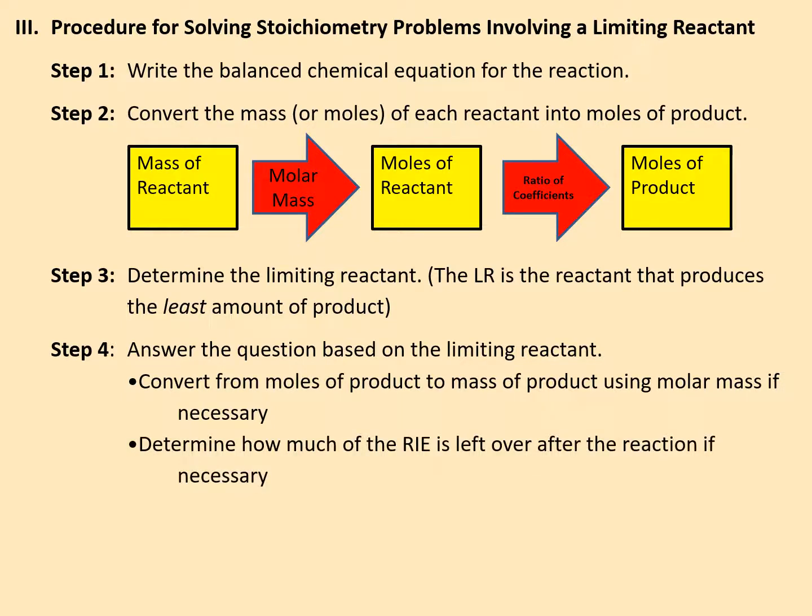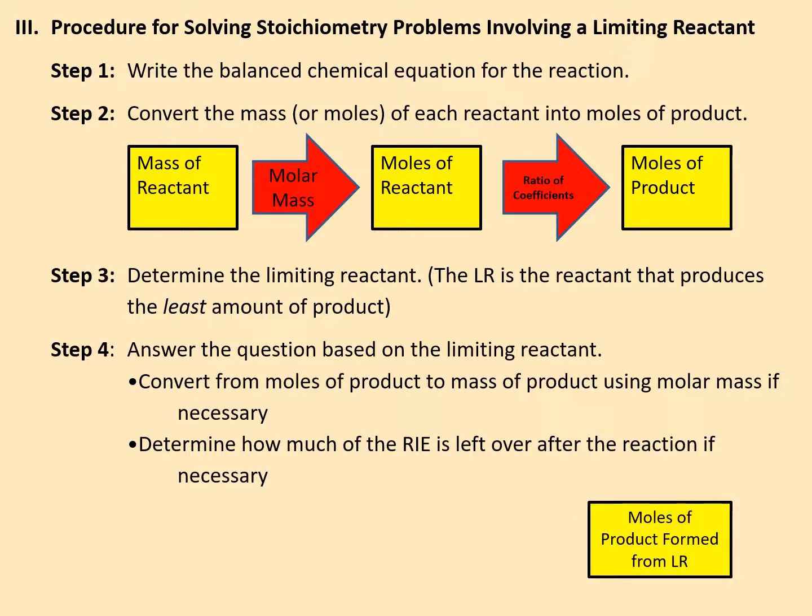The other thing that is very often asked for in these types of stoichiometry problems is for you to determine how much of the reactant in excess is left over after the reaction is complete. So here's a little flow chart that will outline a procedure to help you determine this.